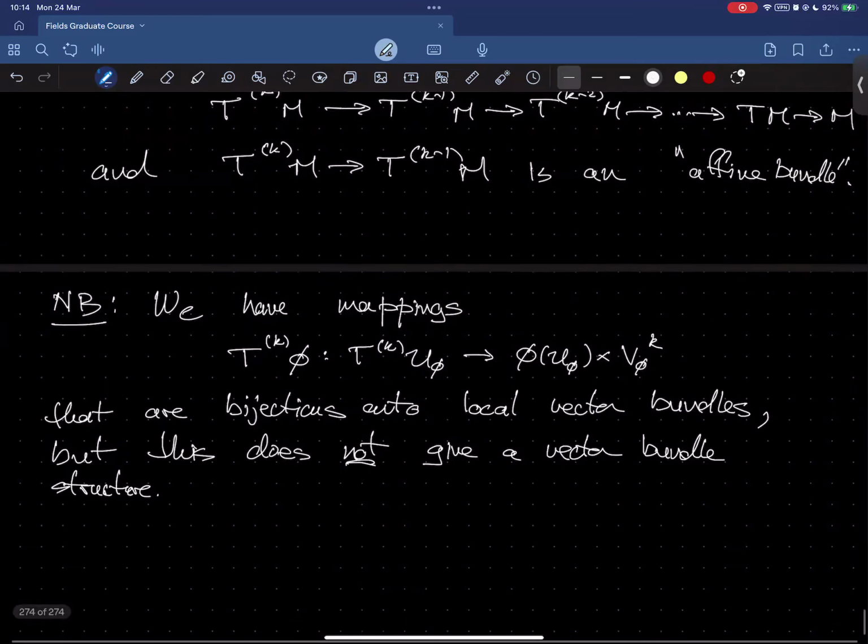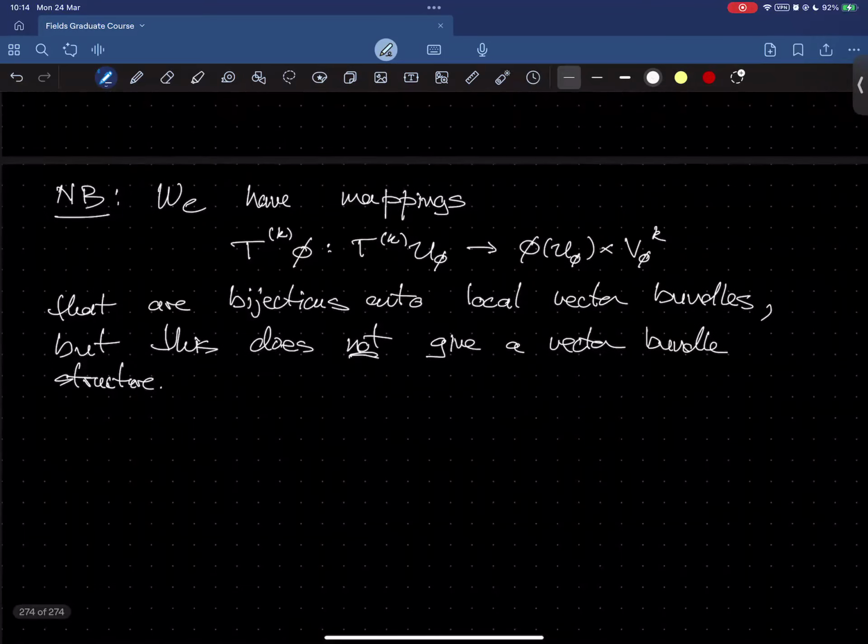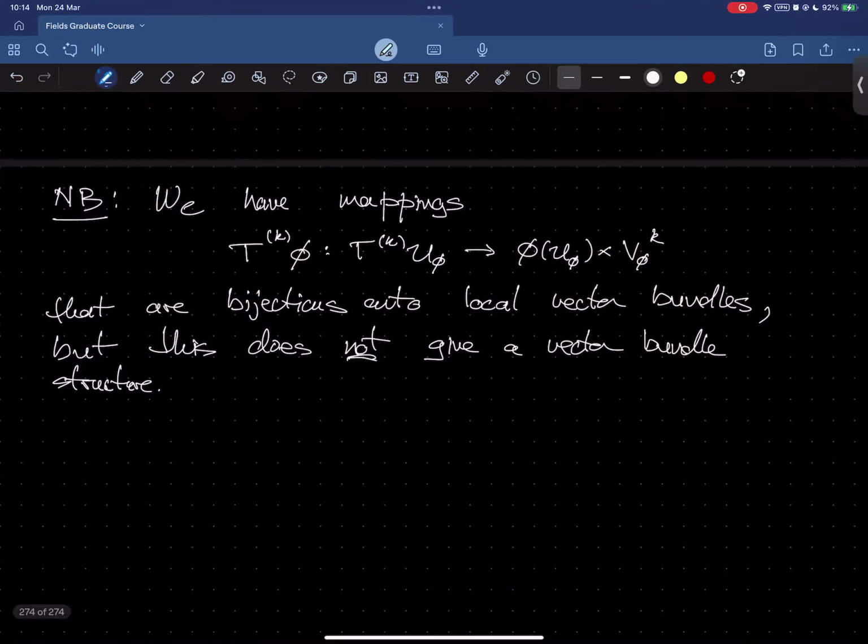Right. So this is a good cautionary tale about why you should verify things. Because sometimes, and this is very often true with vector bundles, you build things that are in bijective correspondence to a local vector bundle, but that does not mean that your object is a vector bundle. Okay, good. So that's the structure of higher order tangent bundles.